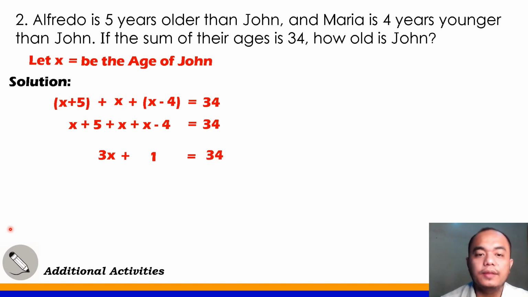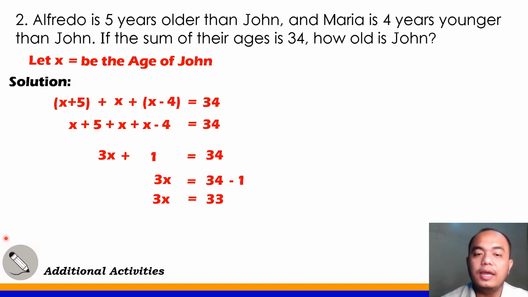So ngayon, we have 3x plus 1 na equals 34. This time, we will transpose 1 on this side. Okay? So ililipat natin yung 1. So 3x na lang ang matitira. That will give you equals 34 plus 1 here will become minus 1 on the other side. Very good. So 3x equals 34 minus 1 will give you how much?